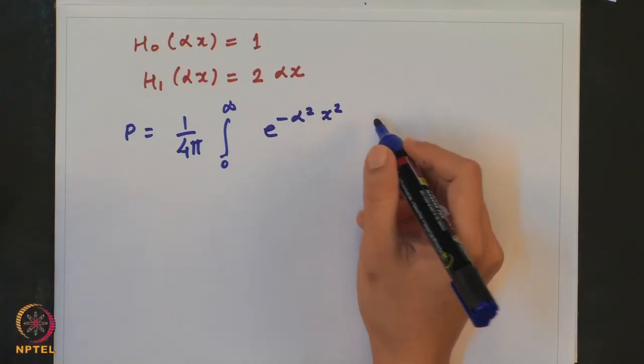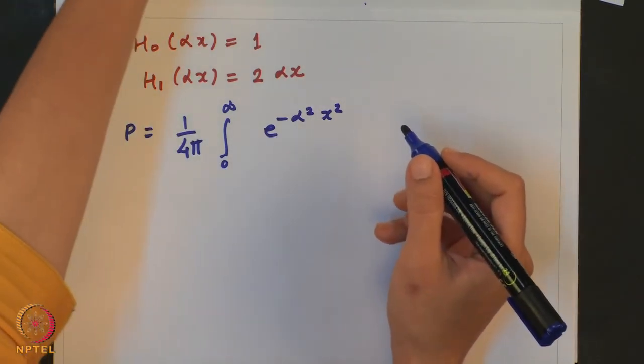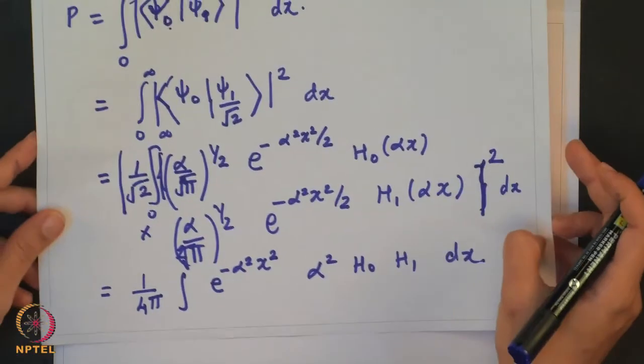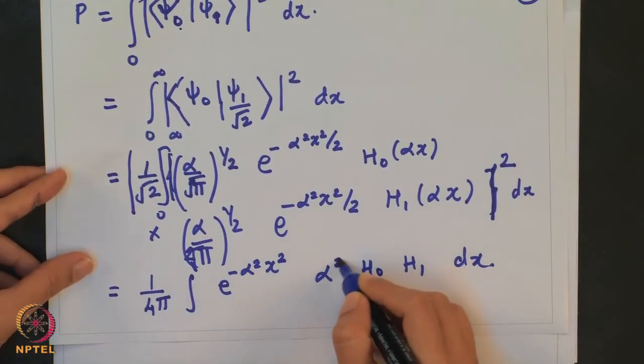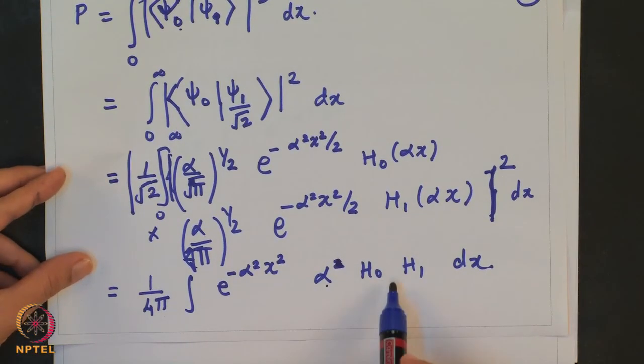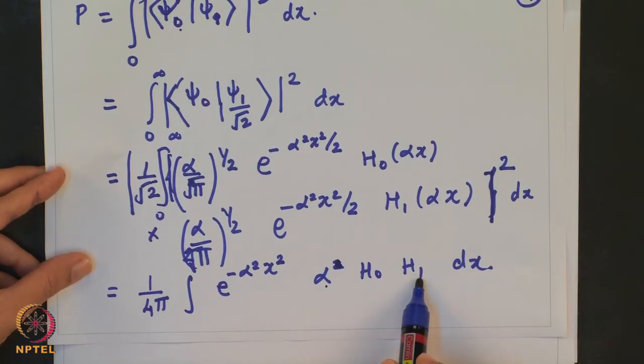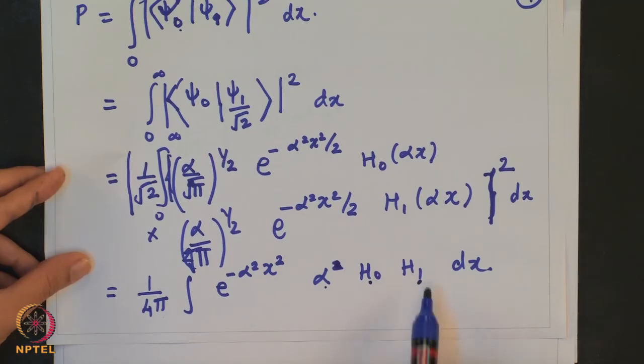Then I have from the previous, oh sorry, here it was an alpha only, one alpha will be picked from H1. So, here H naught is 1, H1 is 2 alpha x.